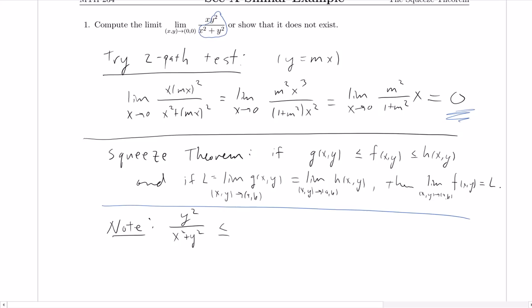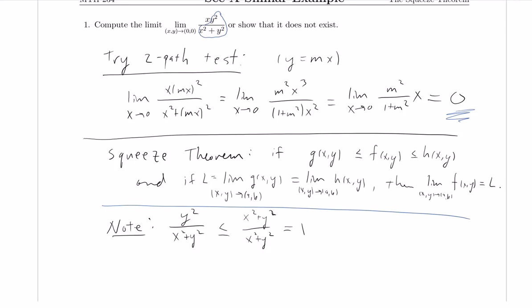This is smaller than if we were to add x squared in the top. That's just because x squared can only be positive, it can't be negative. So if we were to add x squared on the top, it would only get bigger. But then that makes it the same as the denominator, so that's equal to 1. So in other words, this quantity y squared over x squared plus y squared is less than 1. So it's some small fraction.